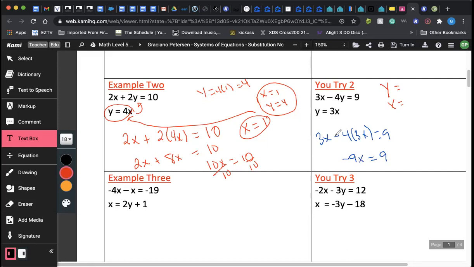So when you got it to this point here, after you've plugged the 3x in, it should be 3x minus 12x, right? So that should have given you a negative 9x. So it's -1. I thought I did it wrong. Yeah. Okay, good. So -1. So that means it's also going to give you a negative answer for your y. So you get -3.